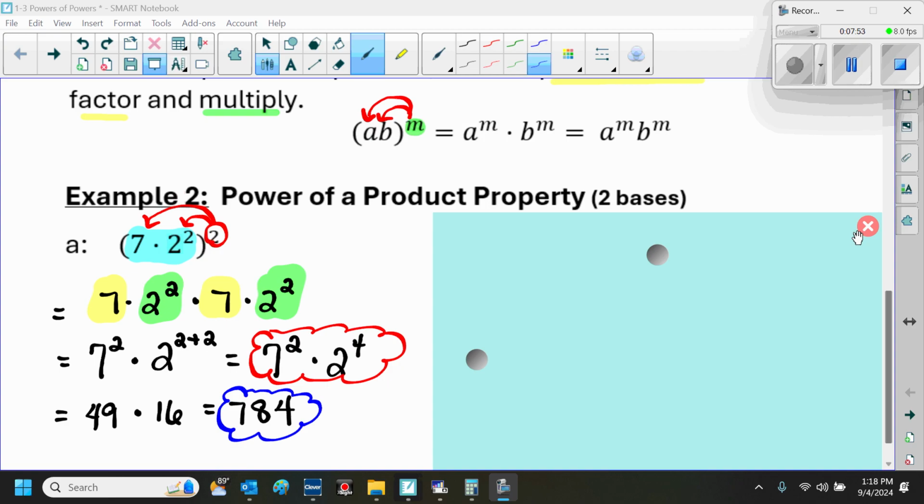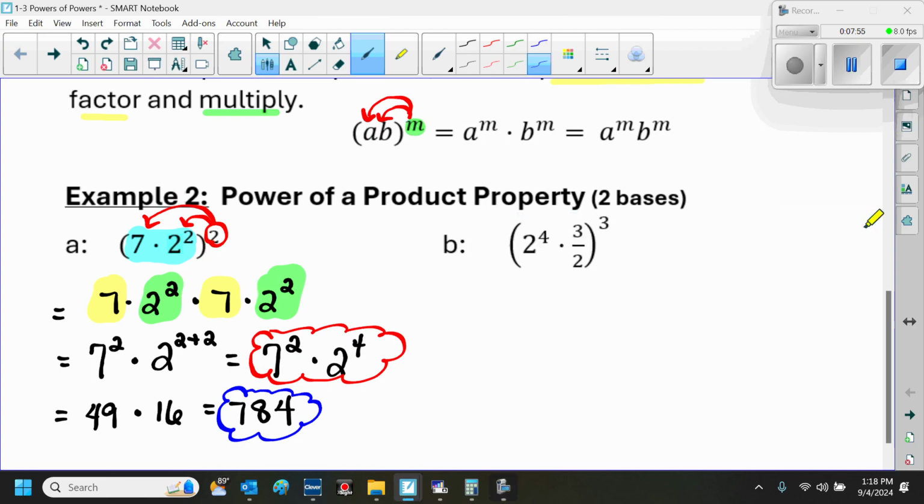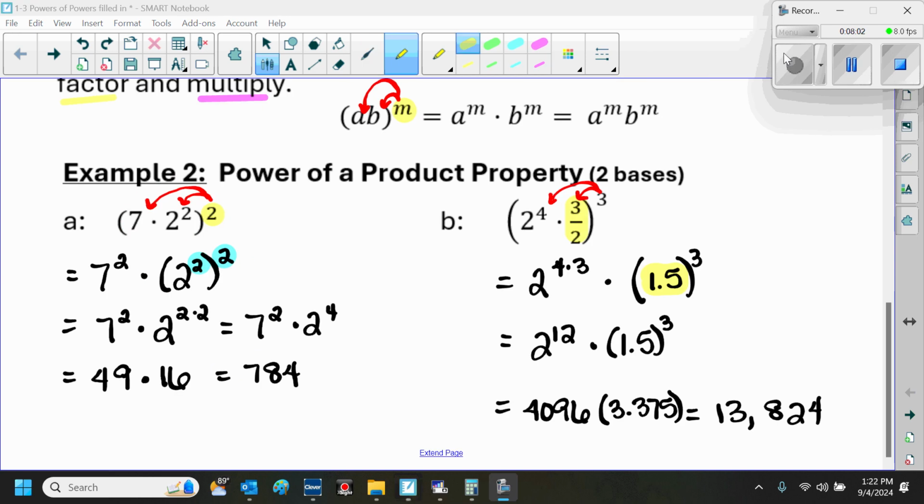Why don't you go ahead and take a couple minutes to do example 2B with your table partners. On this one, we've got 2 to the 4th times 3 halves, all raised to the 3rd power. So here, that exponent 3 gets applied to everything inside the parentheses. So this is 2 to the 4th raised to the 3rd.